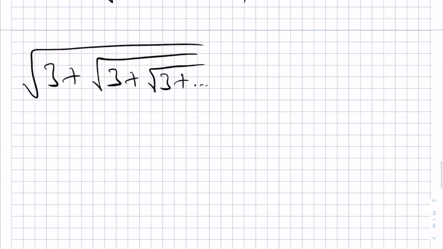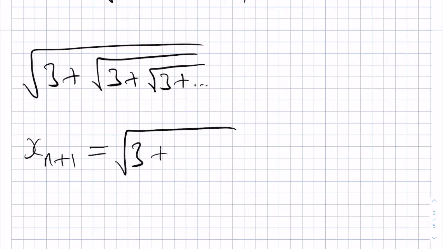We would have the next term in the sequence, x_{n+1}, would be equal to the square root of 3 plus the previous term in the sequence, x_n. And then we'd need to specify that x1 would be equal to the square root of 3.